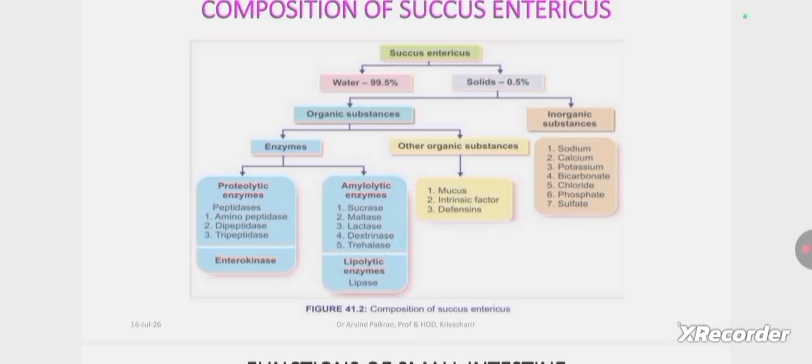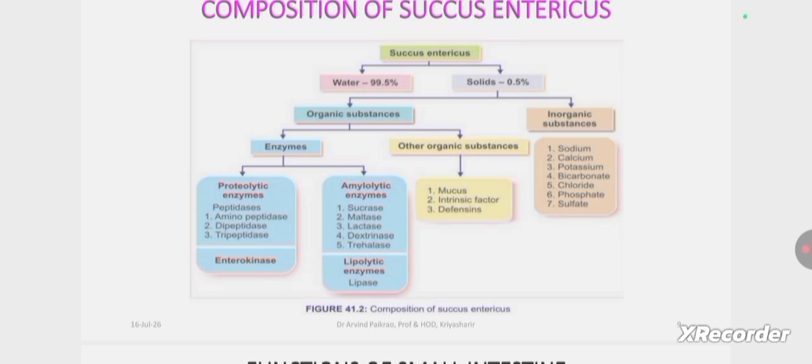In the organic substances, we'll look at the enzymes, particularly the proteolytic enzymes. These are peptidases, aminopeptidases, dipeptidases and tripeptidases, which work on proteins.